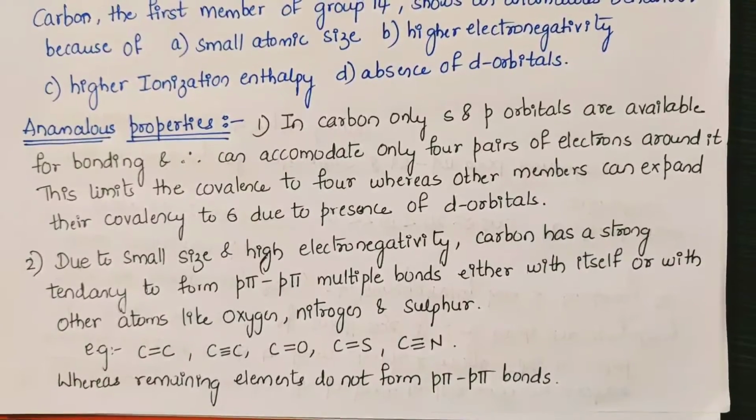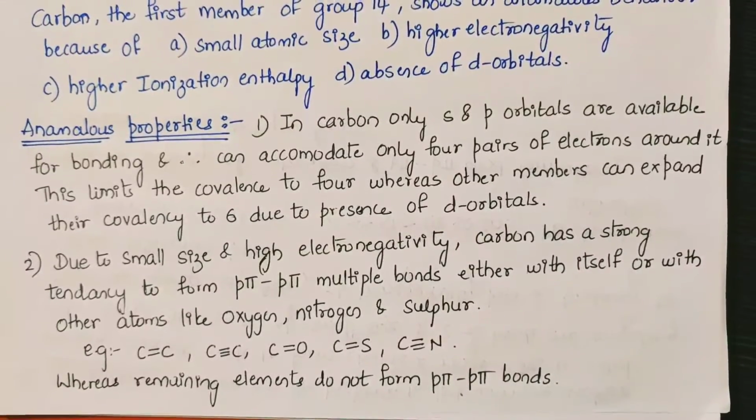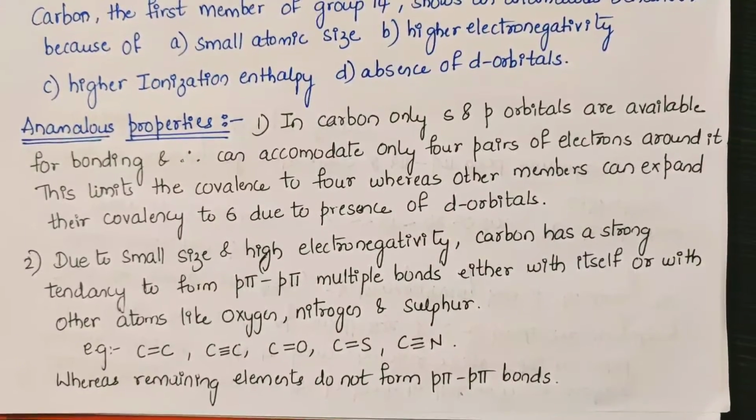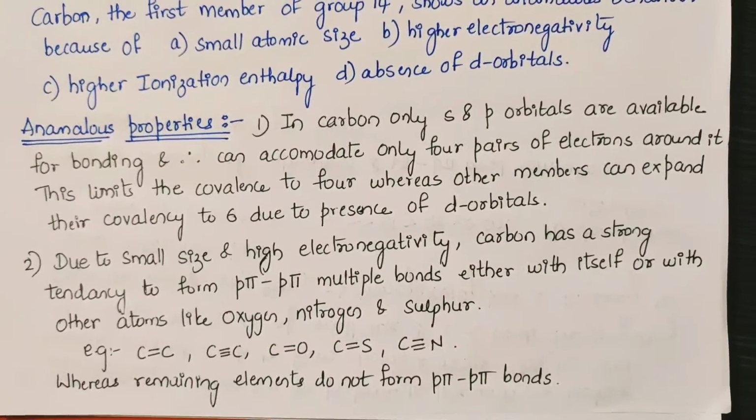Now what is this p-pi multiple bond? Whenever there is a bonding between two atoms, where one atom has a lone pair of electrons and the other atom has a vacant orbital, then if this electron pair is donated to the vacant orbital, it is called p-pi p-pi or p-pi d-pi bonding, depending on the orbital to which the electron pair is donated and from where the electron pair is donated.